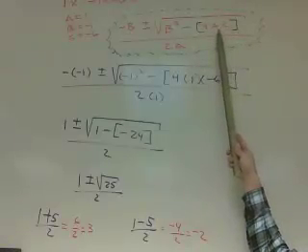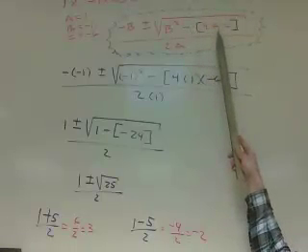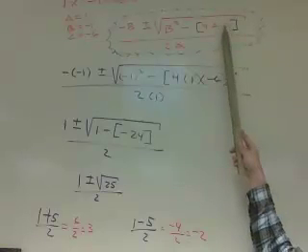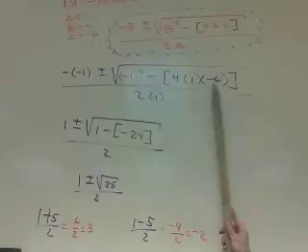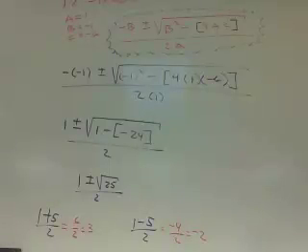The negative signs continue to be a problem, and here we are taking 4 times whatever a is times whatever c is. If we leave it inside the brackets when we have a negative number, that's going to help us keep track of it a little bit later on. So I want to encourage you to use those brackets.